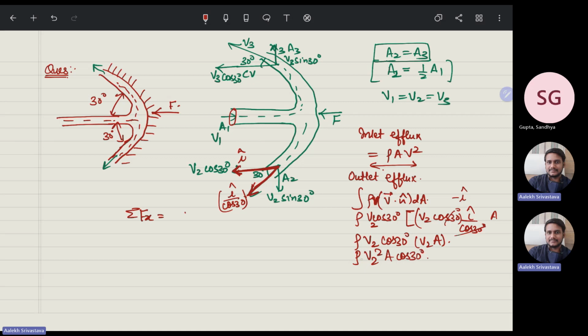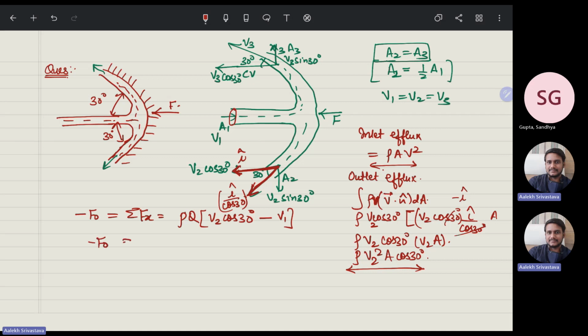Now what happens is, because there are two components, we will try to add up these two components. So it is equal to 2 times, so it will be rho Q V2 cos 30 minus V1 is equal to minus F0.